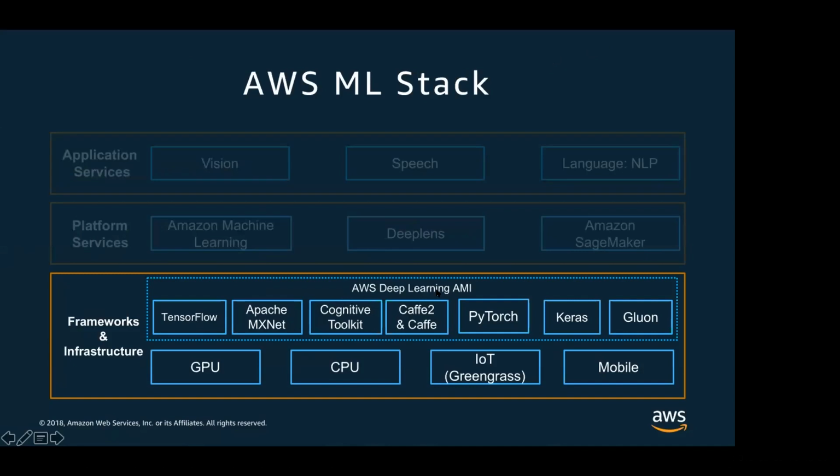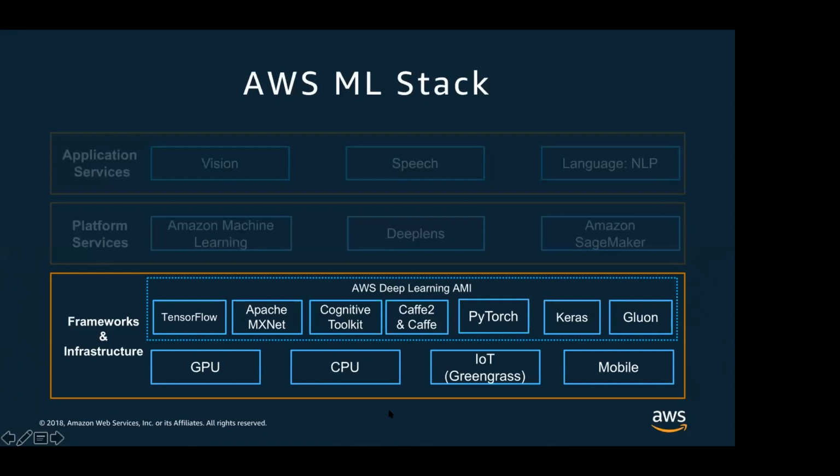There are deep learning AMIs, Amazon Machine Images, that have the framework already configured. So you can start using the framework that you want, and then use the infrastructure to train the data. We have instances that have GPU enabled using NVIDIA Tesla V100 that enable you to train really fast using GPU.